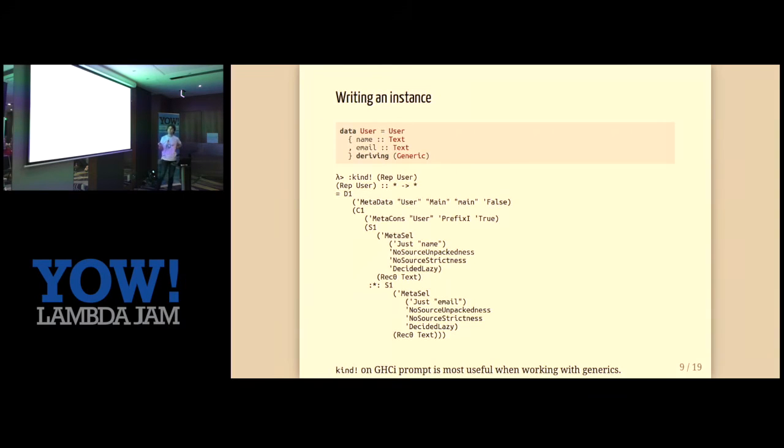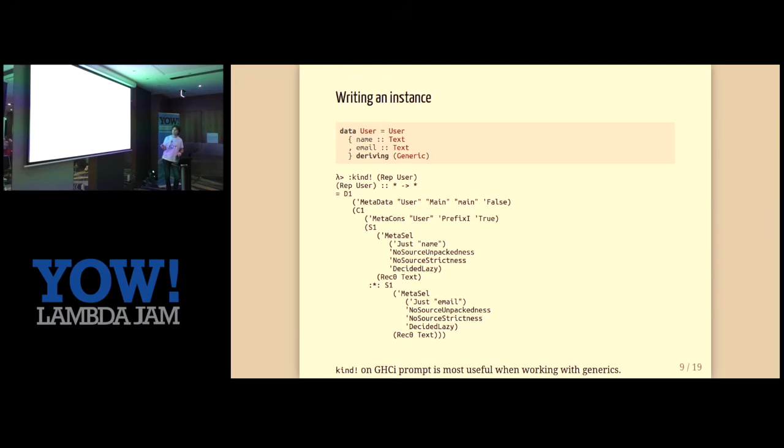And so this associated type for the user is a data type with this metadata. These are the module name, if I'm not mistaken, and this might be the source file name. So there is a lot of metadata going on here. So for example, no source unpackedness and so on.